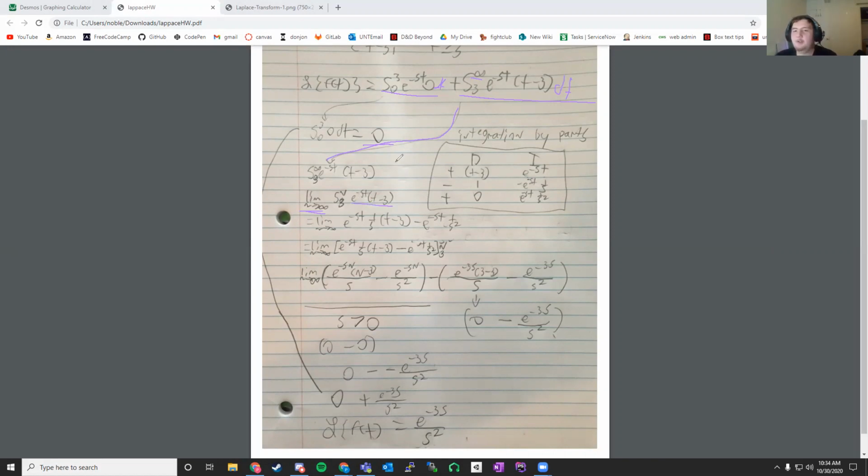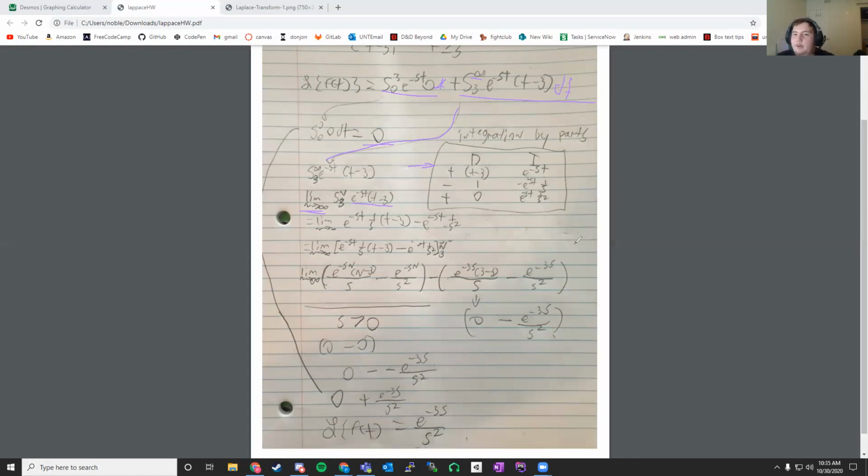So I chose to solve this using integration by parts, and specifically the tabular method. Right here, D is the side you differentiate: t minus 3 differentiates to 1, and 1 differentiates to 0. And this right side here is the side you integrate. So e to the negative st is fairly easy to integrate. You just pull out a negative 1 over s each time.